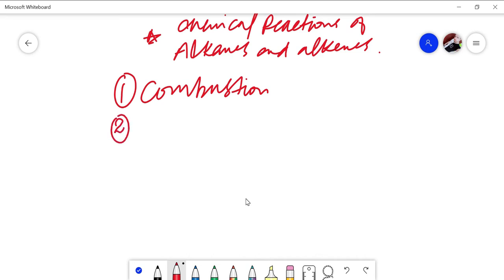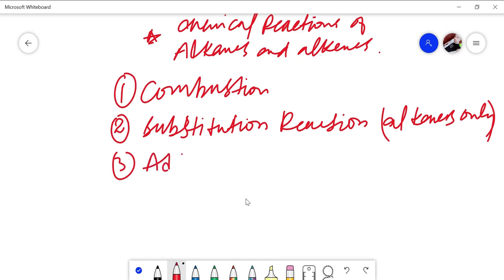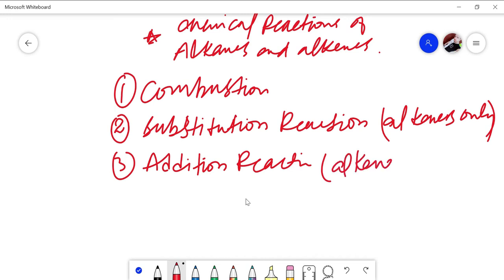Then substitution reaction. This is only for alkanes. Then we will talk about addition reactions, only for alkenes.